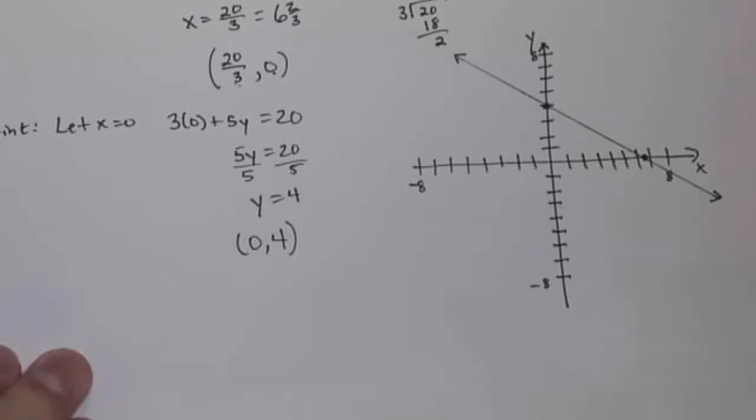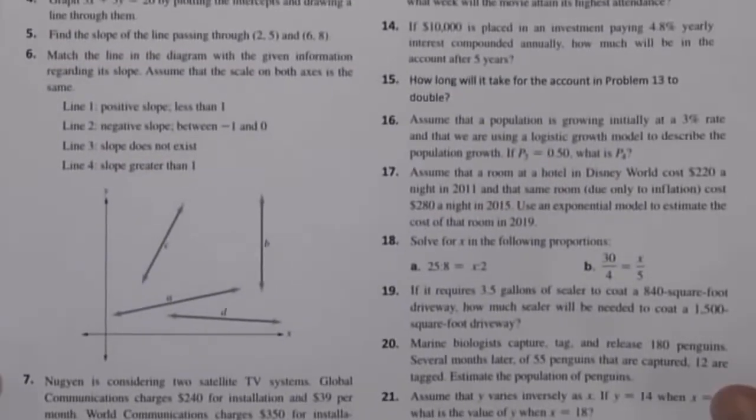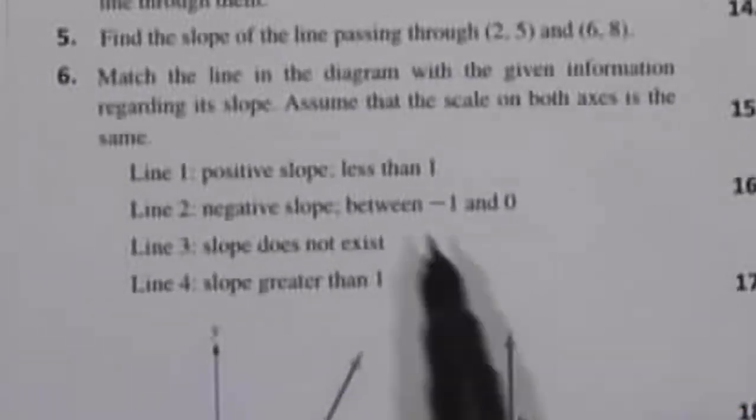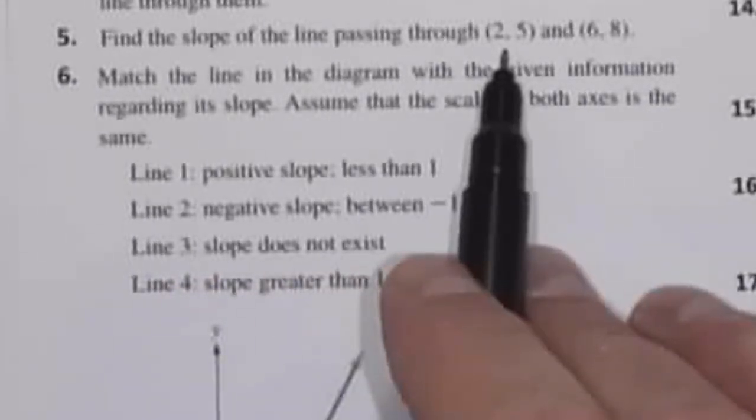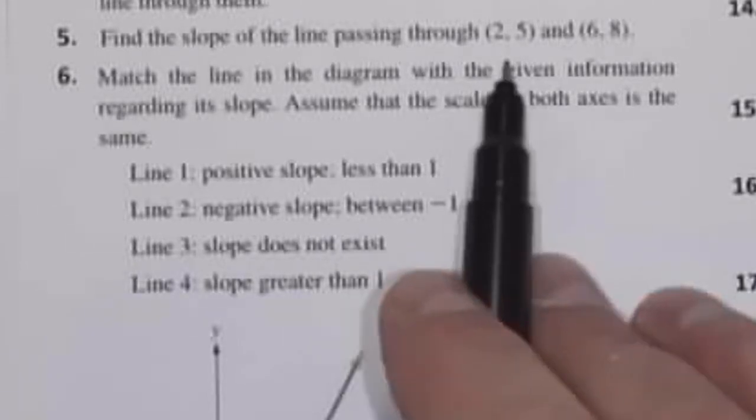Now let's look at number 5. Number 5, we want to find the slope of the line passing through the points 2, 5 and 6, 8. So again, we'll do that on a separate sheet. I've written down the 2 points.